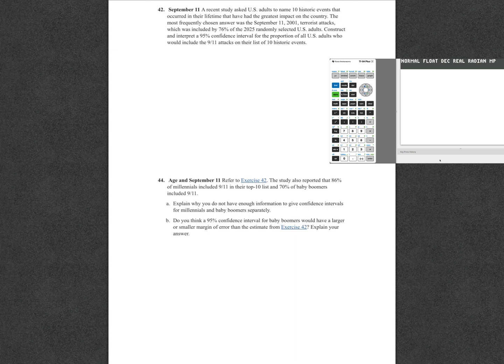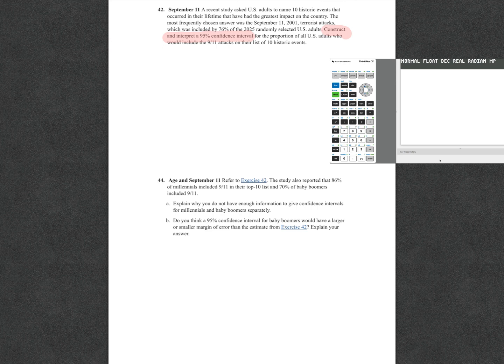When they say construct and interpret a confidence interval, we're going to do the whole thing where we do state, plan, do, conclude.